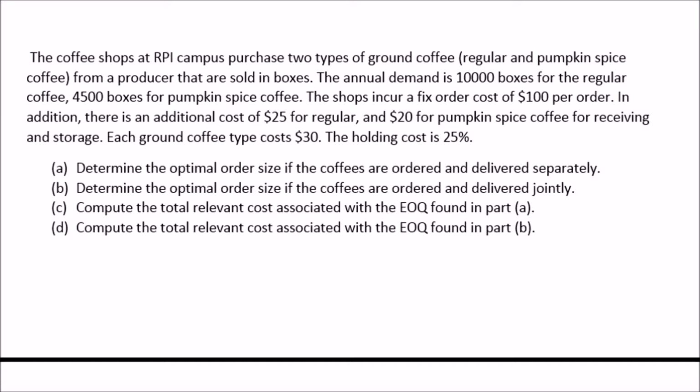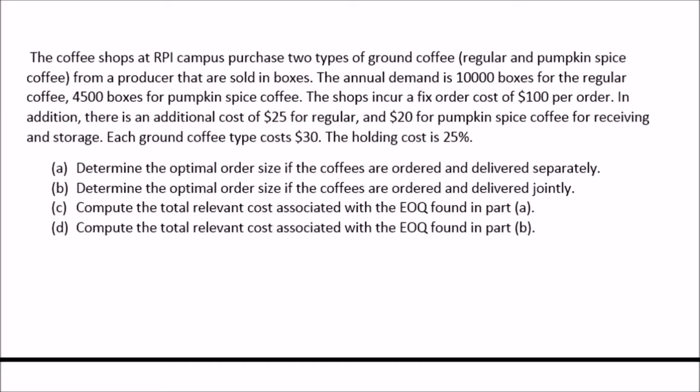So there are basically two types of fixed order cost: one is a general cost of $100, and there is also a fixed cost which is specific to these coffee types. Each ground coffee type costs $30 per box, and the holding cost is 25% of the unit cost.